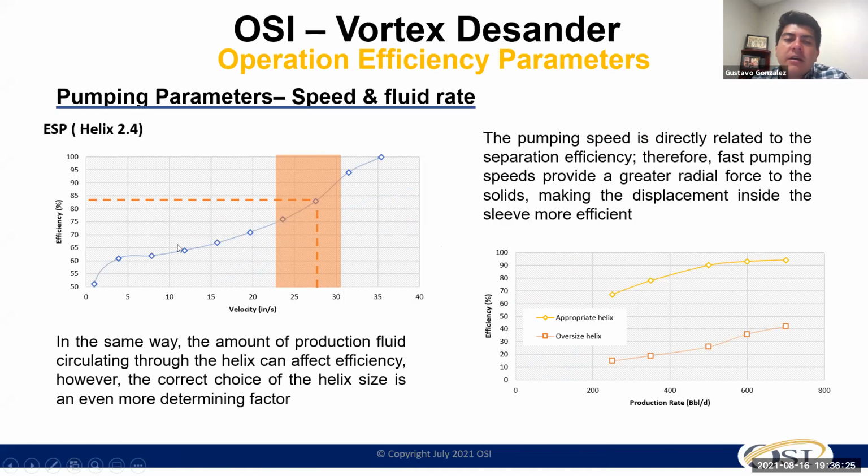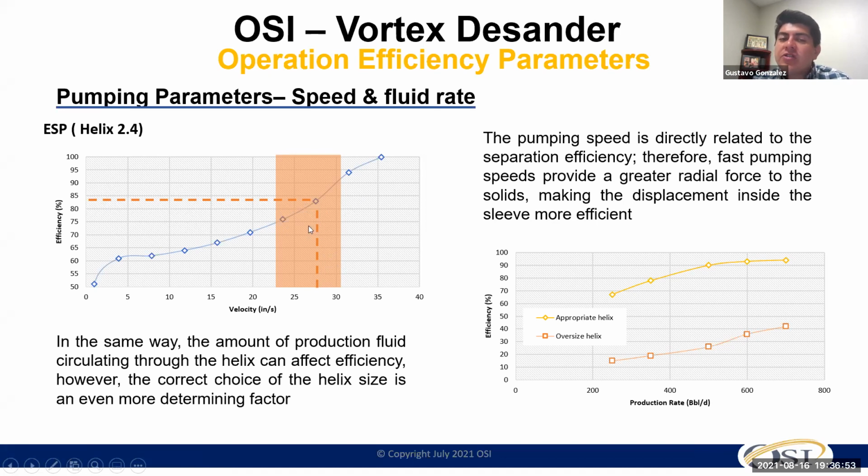Again, just talking about the same concept, the pumping speed. In the case of an ESP, you're going to see it's more on frequency. So the velocity and the drawdown that you're generating, based on the helix, the parameters, and the conditions, is going to help you keep the efficiency within a particular range, either 75, 85, 90.